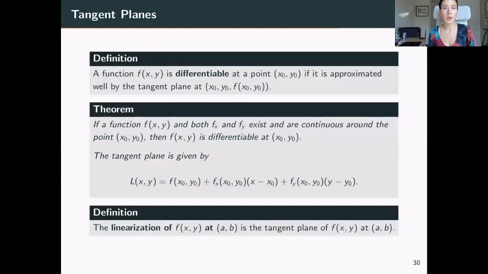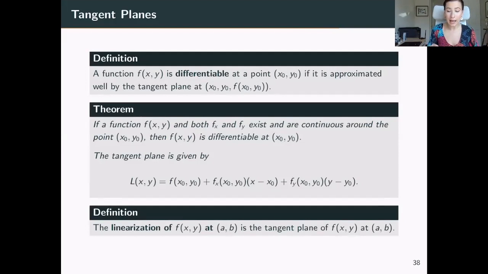We say that a multivariable function is differentiable if we can approximate that surface well by a tangent plane. So essentially, if we look at our surface, if locally it looks like a plane, then it's differentiable. That's how we define differentiability generally. Now, we have a theorem related to that about linearity and a linear approximation.